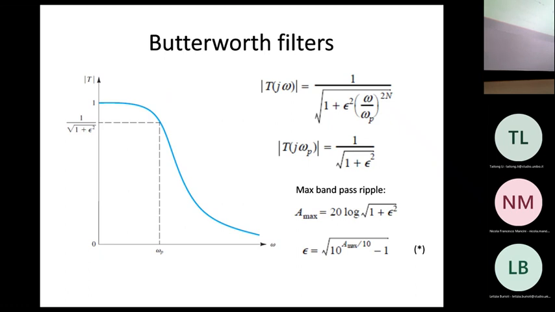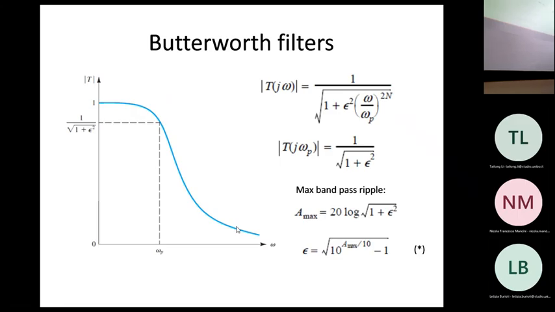Okay, so you see epsilon enters in the definition of this point here. The closer epsilon is to 0, the closer this drop here is to 0, which means a very small ripple in the passband region. So you control epsilon to set this limit. And then the order of the filter is related also to the selectivity of the filter.